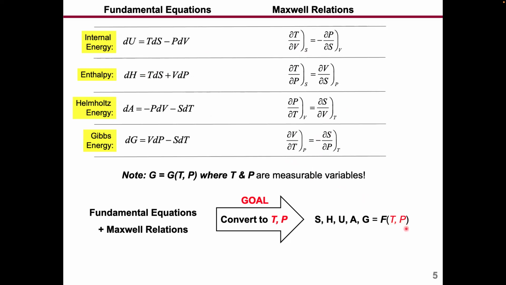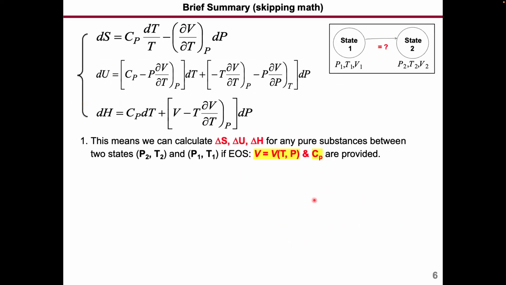That's our goal. But we are not going to give you all the detailed math. If you are interested, you can read the additional slides, but we are going to skip a lot of math and give you the answers.